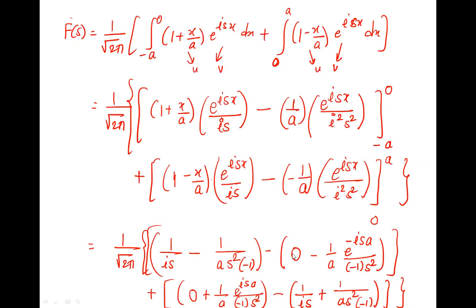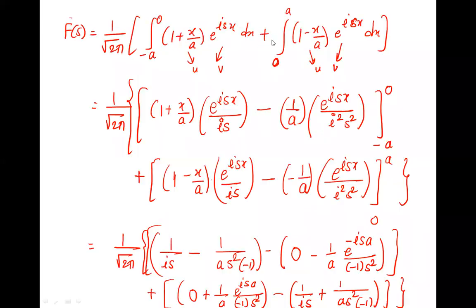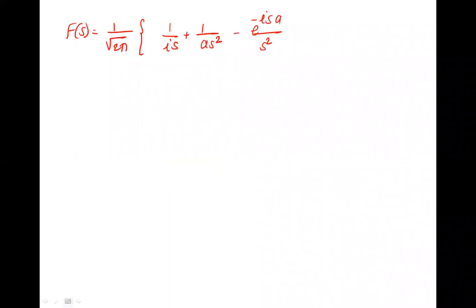Next term, minus, this is 0, minus minus plus, but one more minus here, so minus e raised to minus isa upon a s square. Then plus, plus and minus, so minus e raised to isa upon a s square.